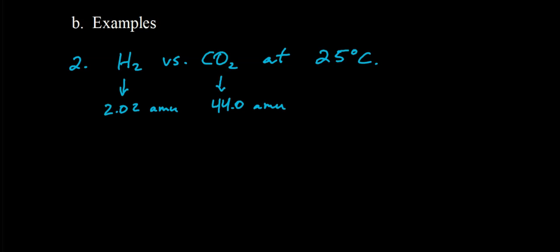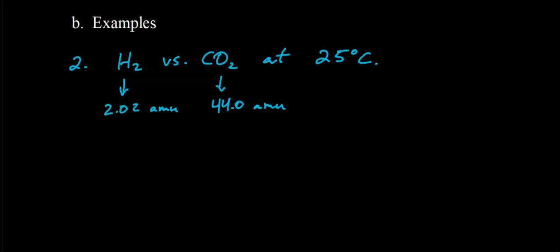So if you had two containers of gases, hydrogen and carbon dioxide, at the same temperature, the lighter particles, in this case the hydrogen molecules, would be moving faster than the carbon dioxide molecules. Reason being, at the same temperature, they have the same average kinetic energy. Very, very, very important.